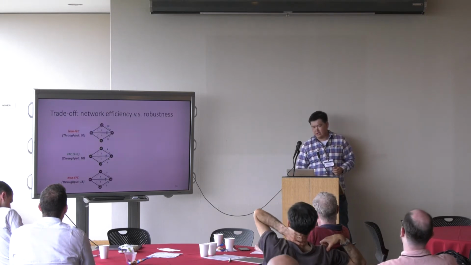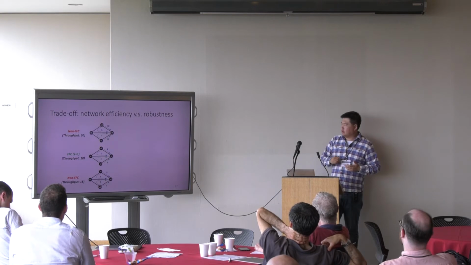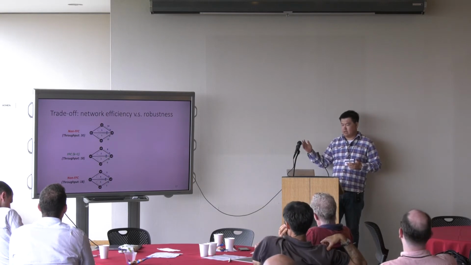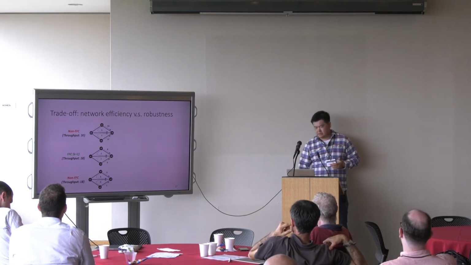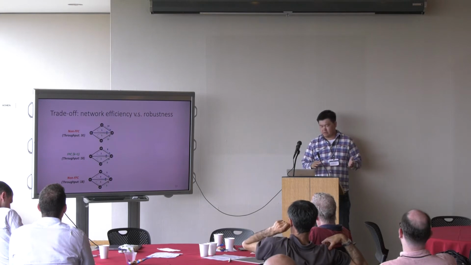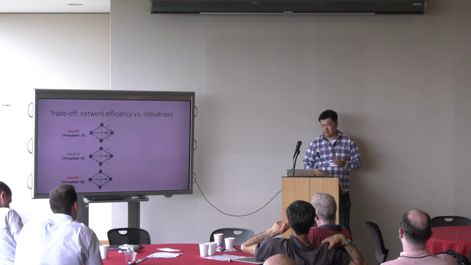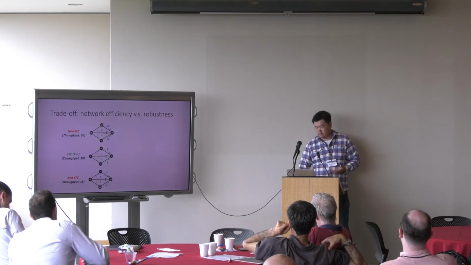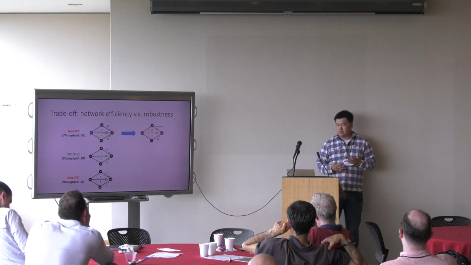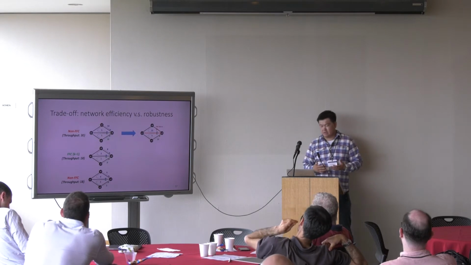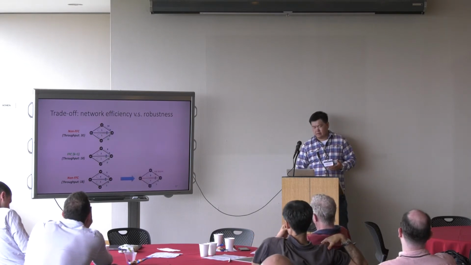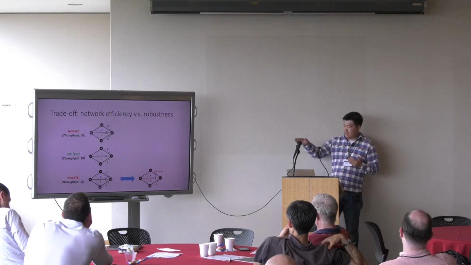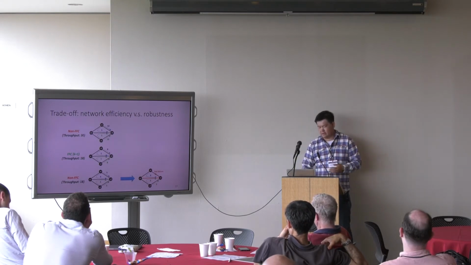Before that, there is a kind of trade-off. Suppose the blue flow and the green flow have maybe 15 units of demand. The traffic engineering here does not have any FFC guarantee, and the traffic engineering at the bottom also does not have any guarantee.